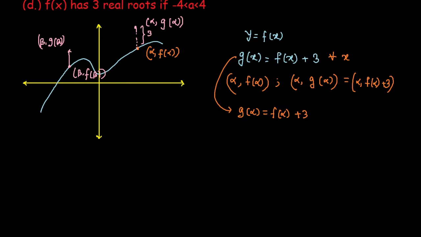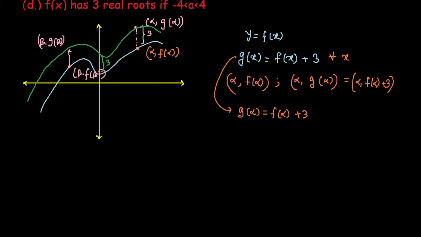So we can say that the graph of g of x would look something like this, because all the points are shifted upwards by a magnitude of 3. So the graph is just shifted upwards by a magnitude of 3, because the length is 3.